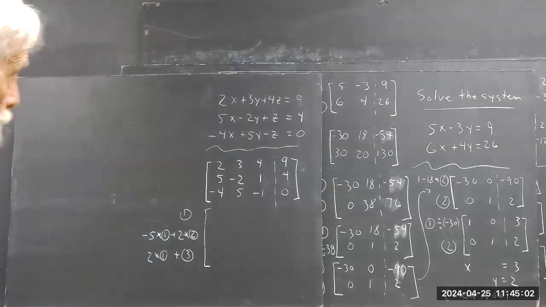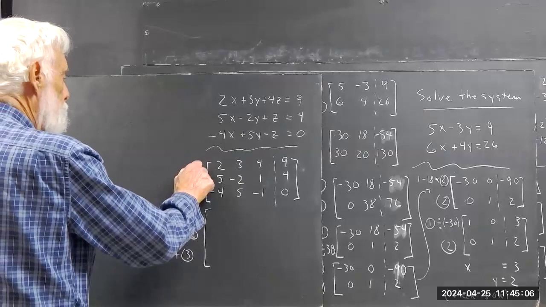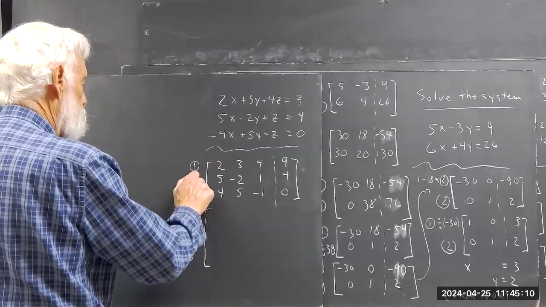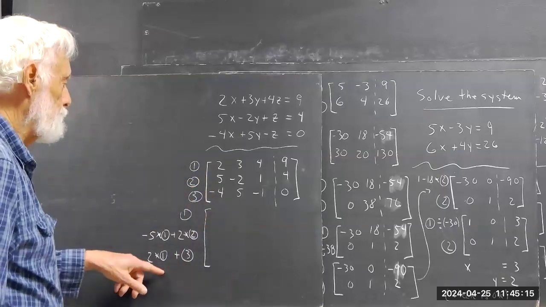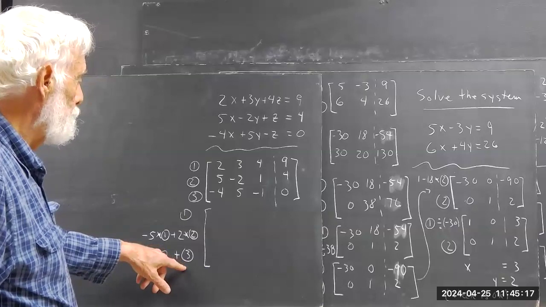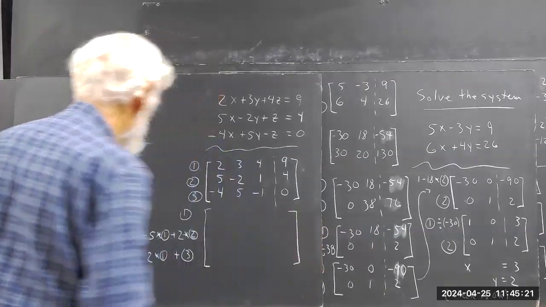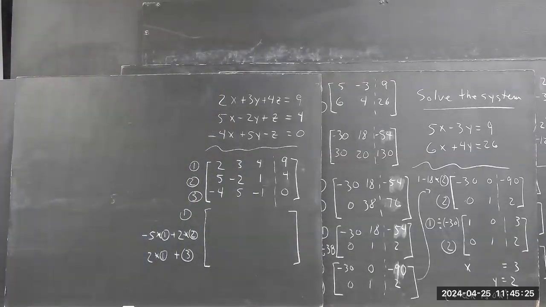So we're going to do these operations. We're going to just copy down row 1. Negative 5 times row 1 plus 2 times row 2. And 2 times row 1 plus row 3. Okay. Take a couple of minutes and see if you can do that.